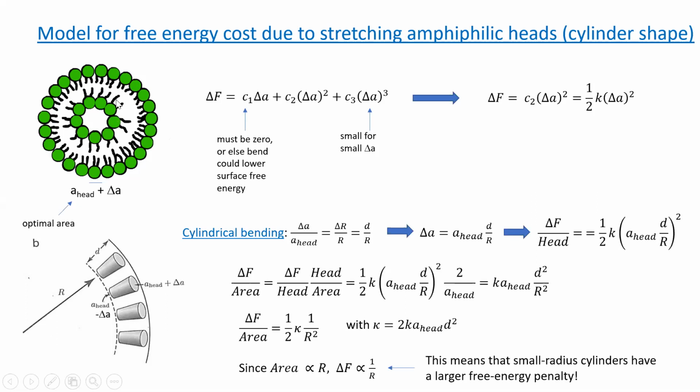The free energy penalty from wrapping them so tightly and stretching their areas will probably not compensate for the free energy loss due to hiding the hydrophobic tails from the planar bilayer.